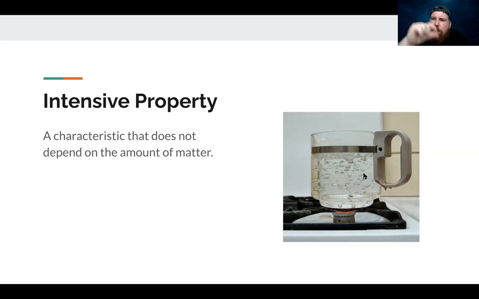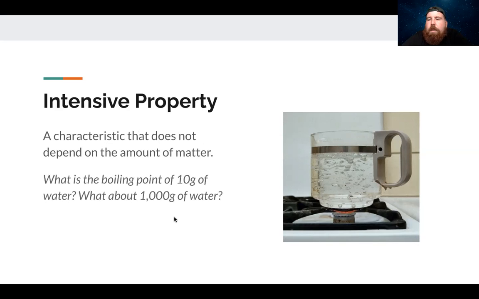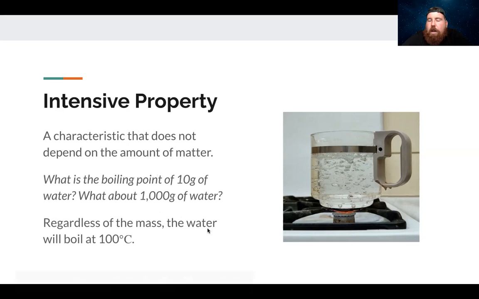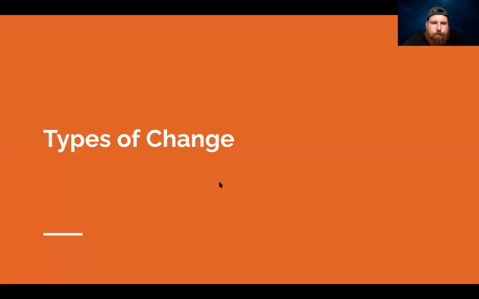If I had a thimble of water, it would boil at 100 degrees Celsius. That number does not change, and therefore, boiling point is one example of an intensive property. Regardless of how much water I have, water boils at 100 degrees Celsius. You might know this in Fahrenheit, it boils at 212 degrees Fahrenheit.